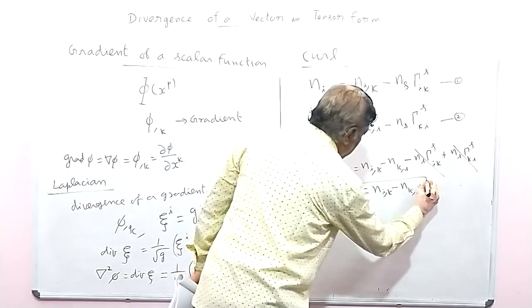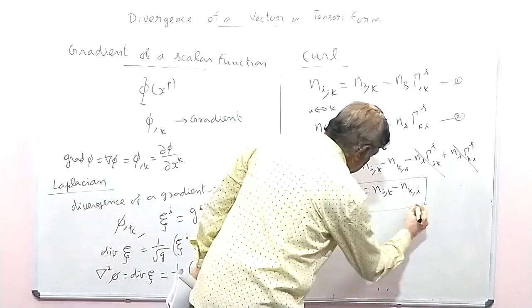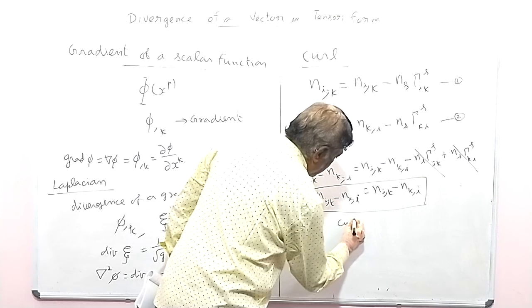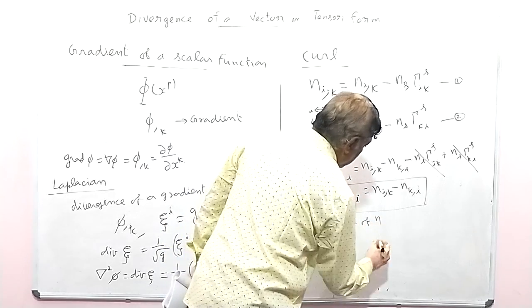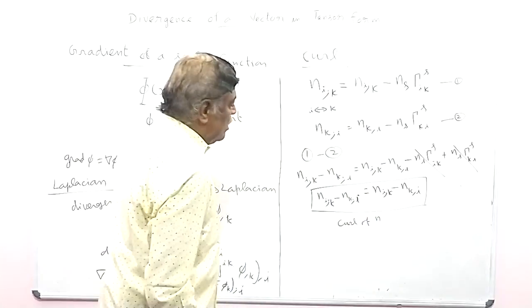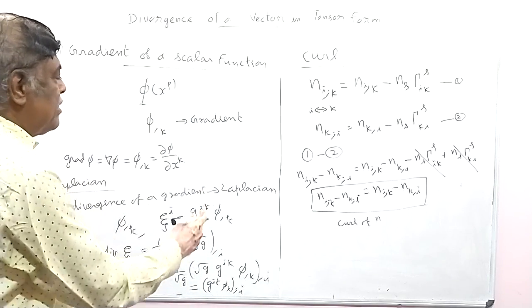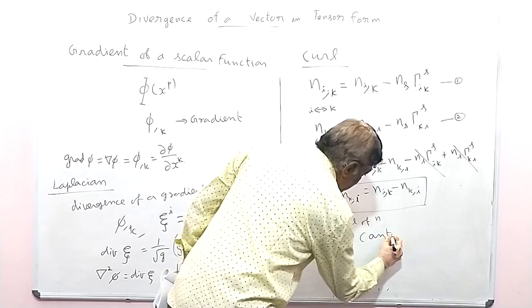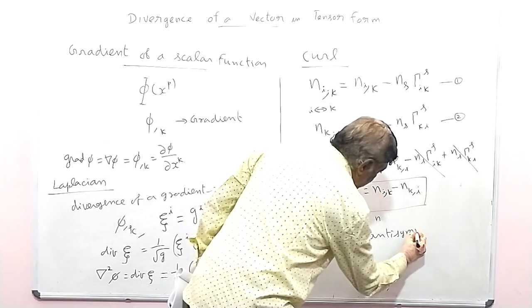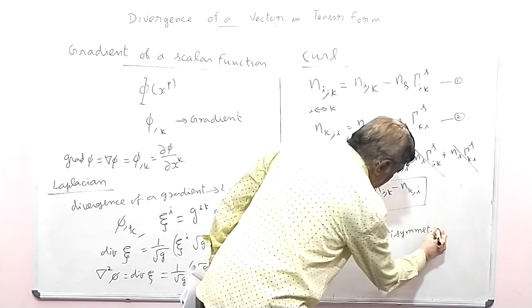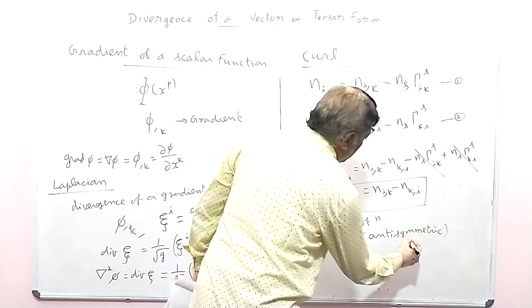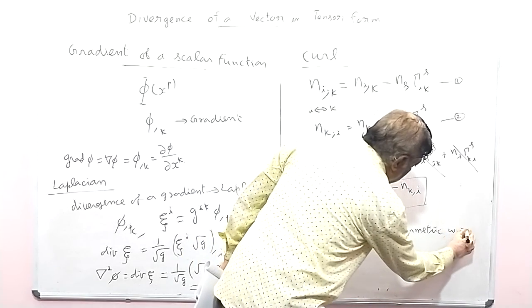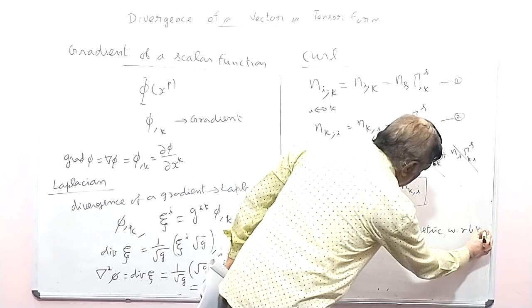This is defined as the curl of the vector. This is anti-symmetric with respect to k and i.